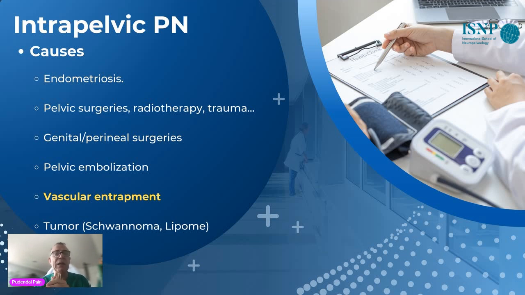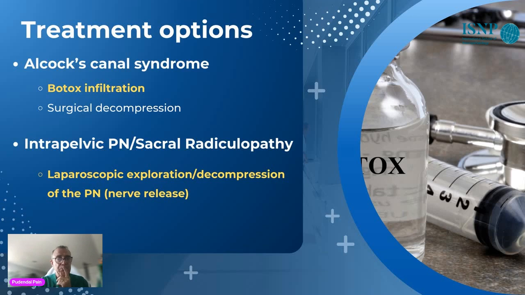And typically, all situations that will increase the blood pressure will increase the pain, meaning menstrual bleeding, sitting for a while, standing for a while. The lying position will decrease the blood pressure and the patient will experience much less pain. So the treatment option for pathology of the pudendal nerve is directly dependent on the location.